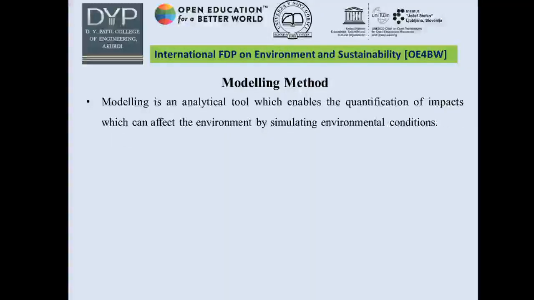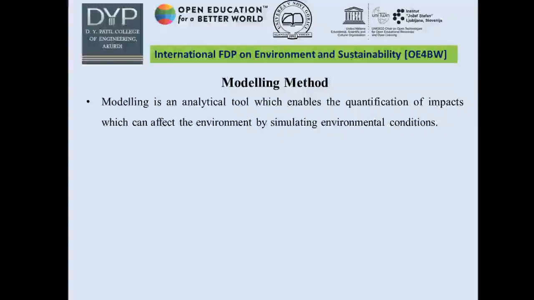Then if you come to the modeling method, modeling is an analytical tool which enables the quantification of impact on the environment by simulating environmental conditions. These are mathematical or physical models where we create a similar type of environmental condition and measure the impact. A mathematical model lends itself to the spatial and temporal analysis of aspects of the environment.